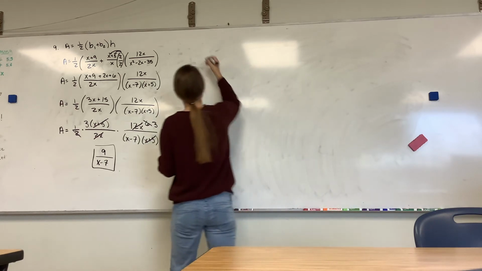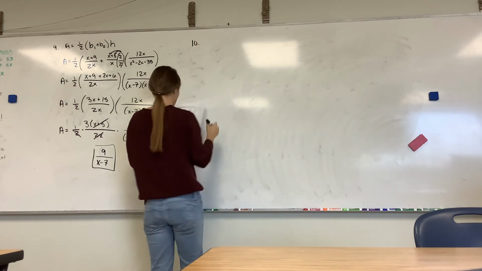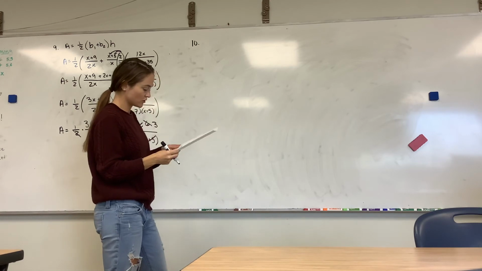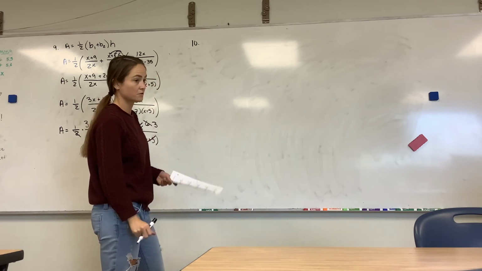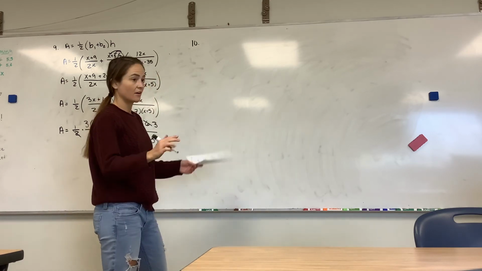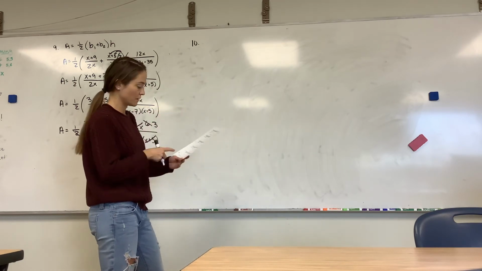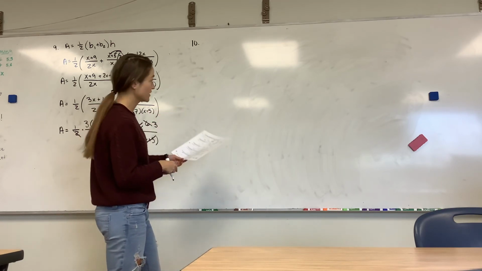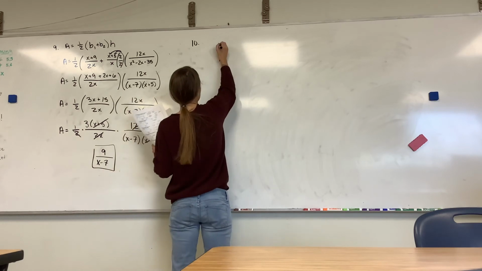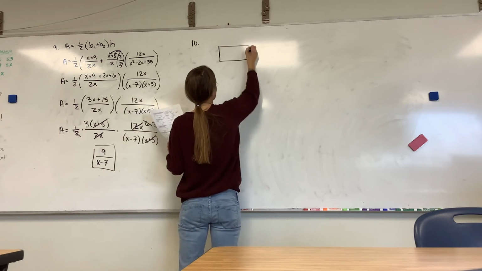For problem 10, it says, write an expression to represent the surface area of the rectangular prism. So surface area is the area of every single surface. So of a prism, you have 6 different surfaces, right? So if I have this prism, please bear with me.